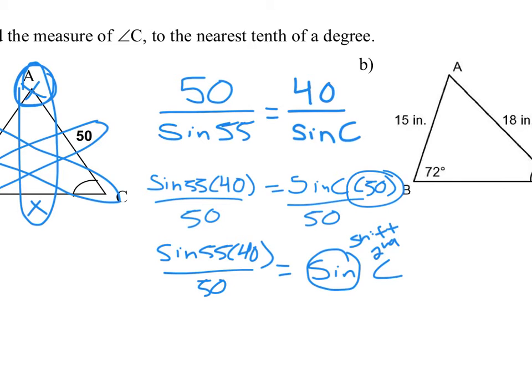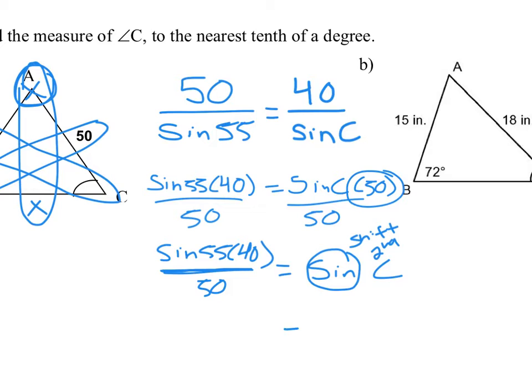It's 0.81915, and so on. Now, what do you have to do with that number? You have to multiply it by 40. So tell your calculator, take that 0.81, now times 40, then press equal. Now your calculator has this number, 32.76. Now tell your calculator, what do I want to do? I want to divide it by 50.